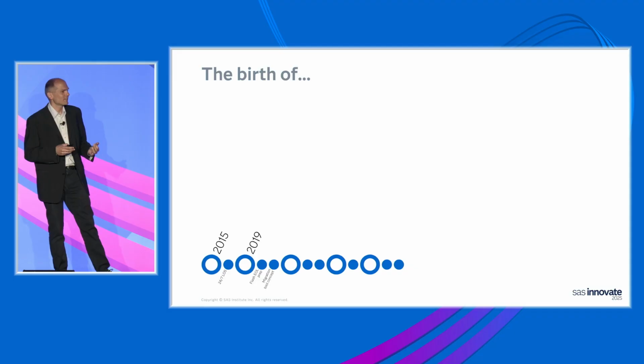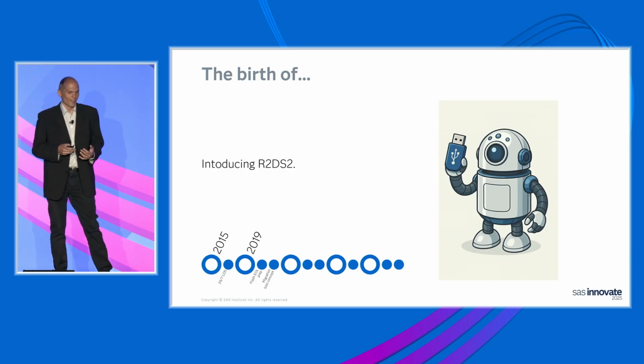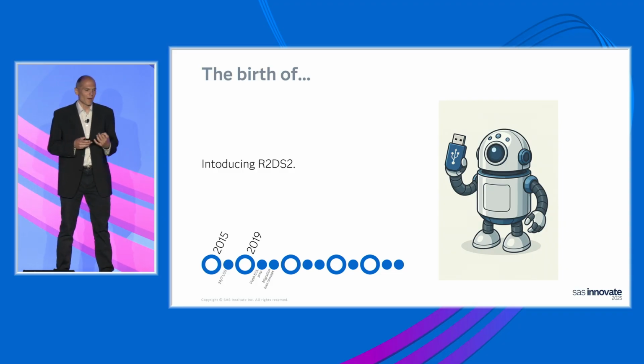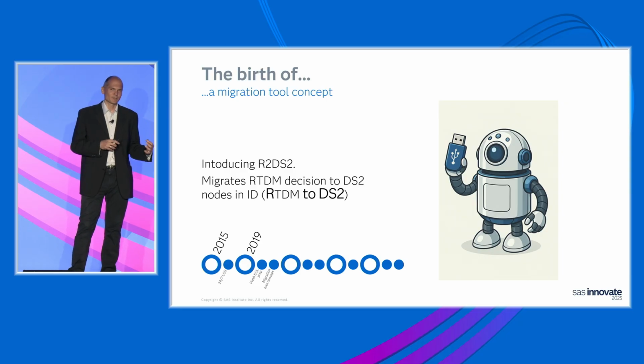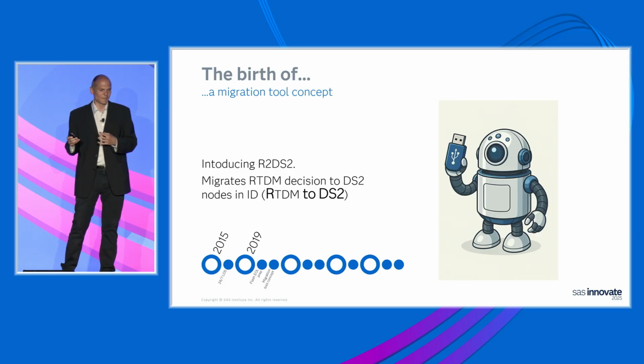So at the end of 2019, after a month of planning and furious programming, R2DS2 was born. A working concept of a migration tool that transforms RTDM decisions into DS2 nodes in ID.